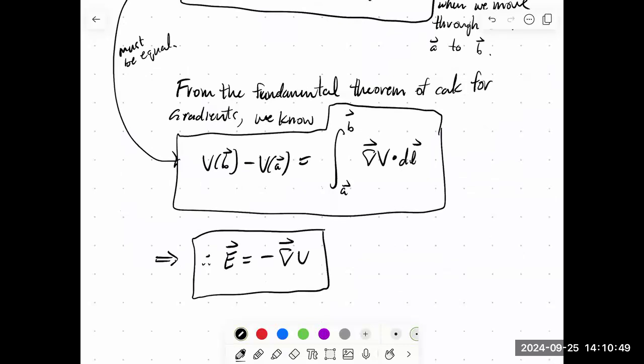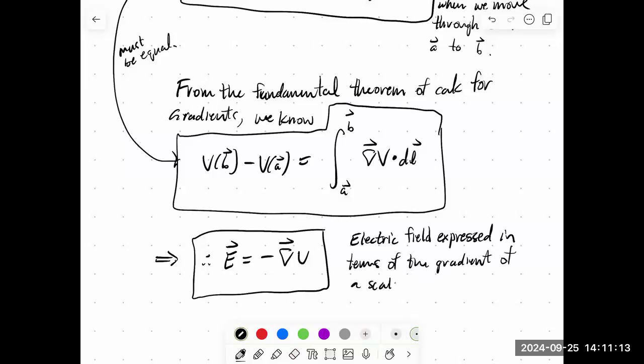So this is the electric field expressed in terms of the gradient of a scalar.